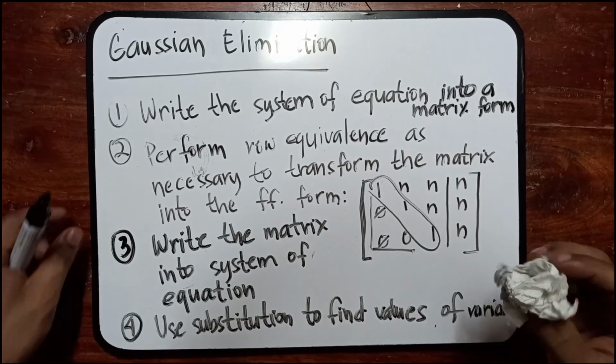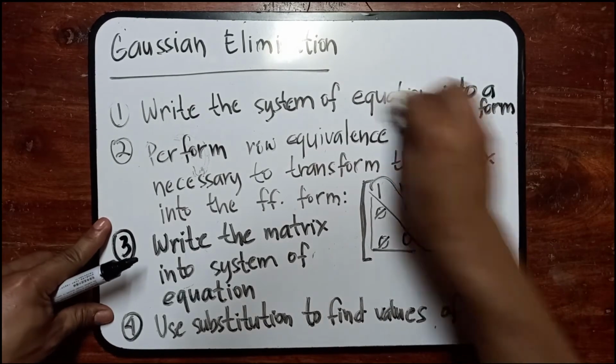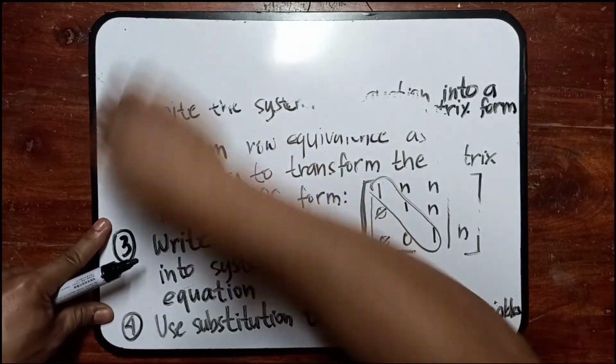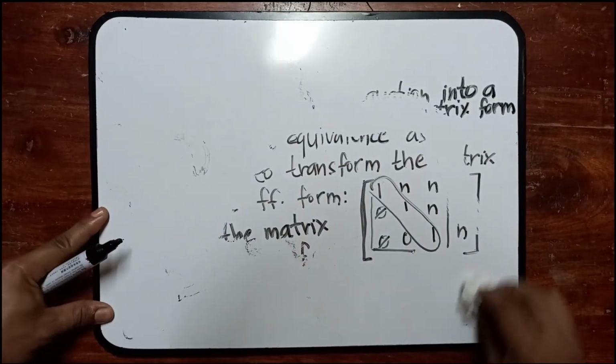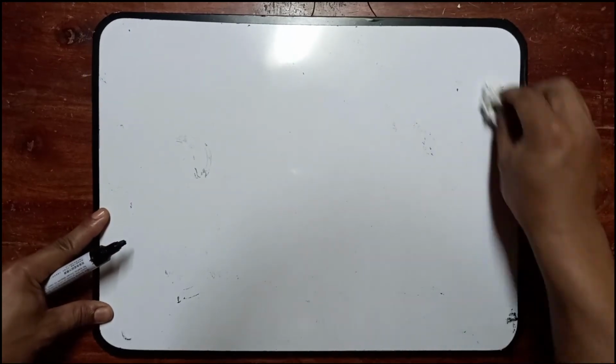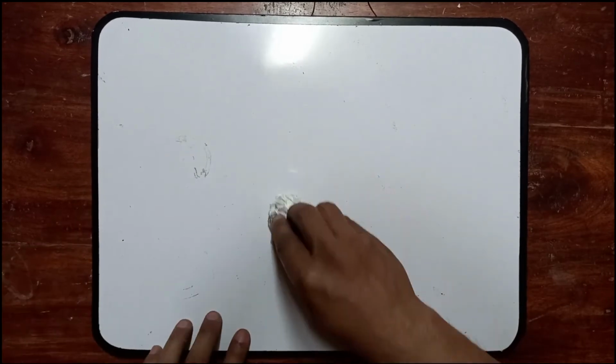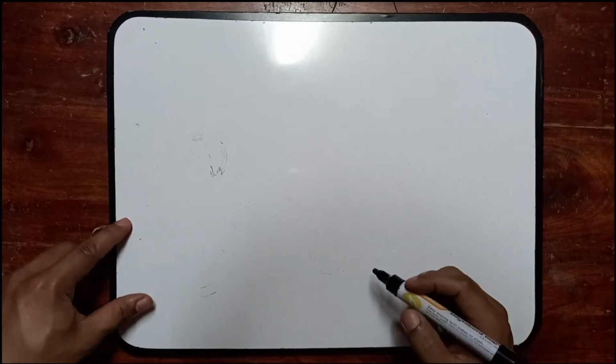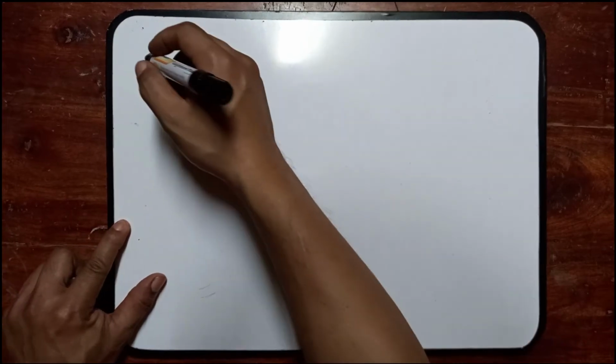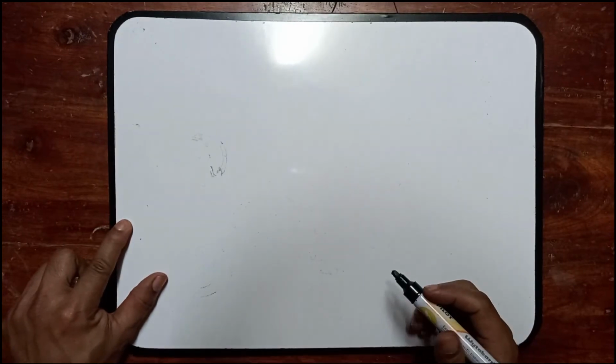Okay, so let's have some examples of this. I'm going to erase this now. Let's say we have this system of equations.